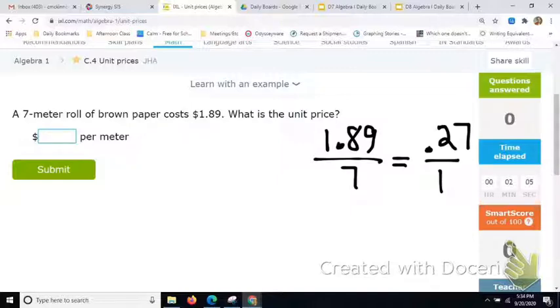Now notice it is cents. So when I put this in, I don't want to put in just 27 without a decimal, or things are going to be wrong.